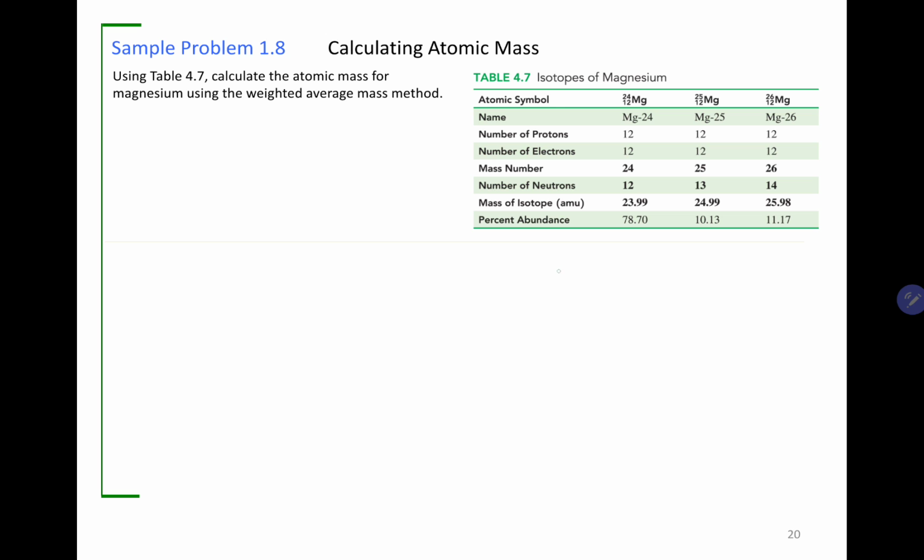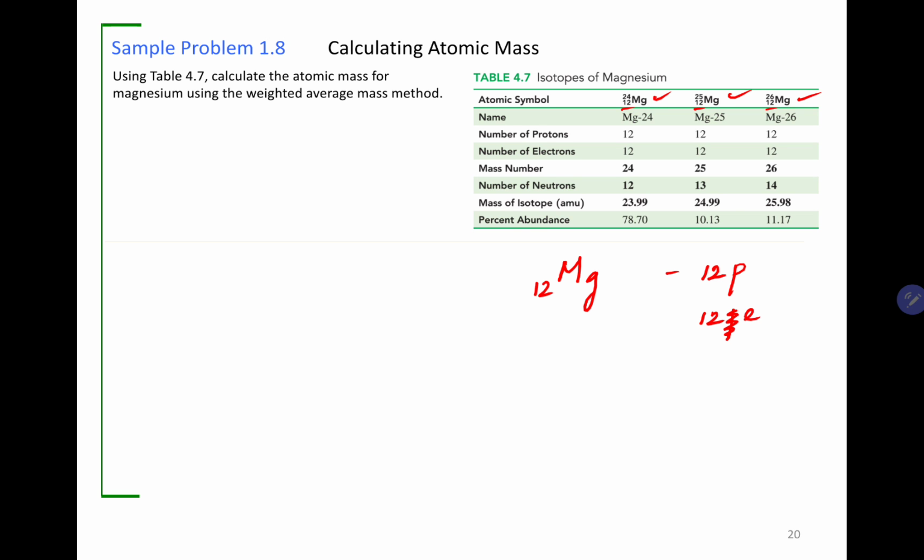So we have a calculation regarding magnesium. Of course, the magnesium atomic number is 12, so magnesium has 12 protons and 12 electrons. This much is clear to us. All three isotopes of magnesium have 12 electrons and 12 protons.